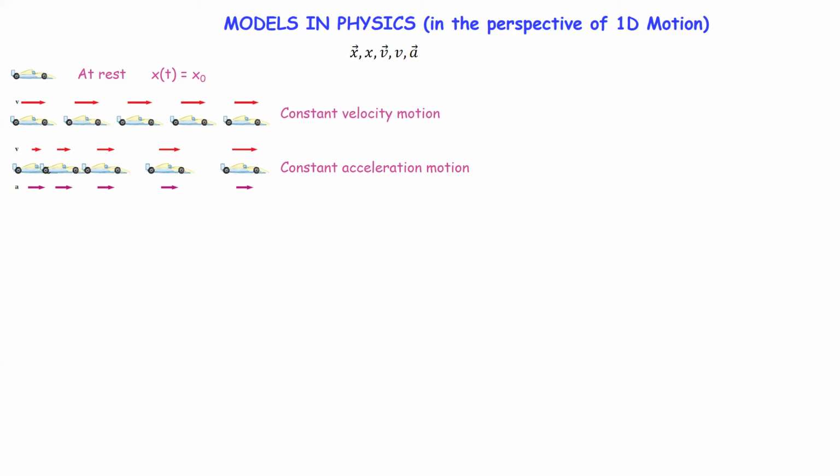For constant velocity, the mathematical expression is just the initial position plus some constant velocity multiplied by t. This is the mathematical model for constant velocity motion. And for constant acceleration motion, this is the model.